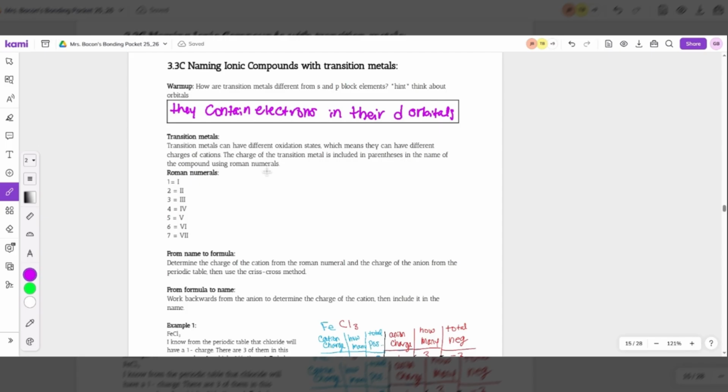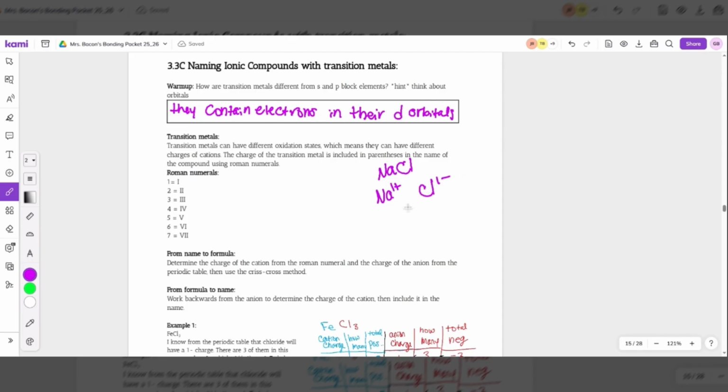When we're writing the name of an ionic compound that contains a transition metal, therefore, you have to tell me which version of this element is included in this compound. So if I'm thinking about NaCl, for example, there is only one way to make this compound because sodium will always have a 1 plus charge. Chloride will always have a 1 minus charge.